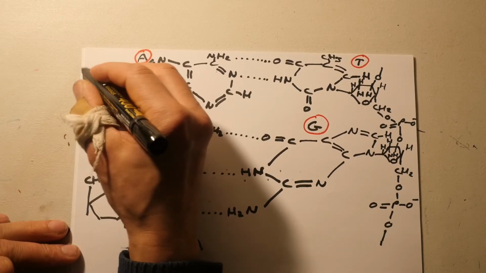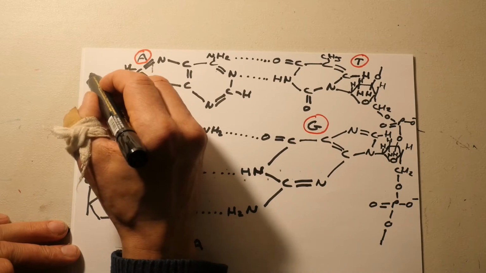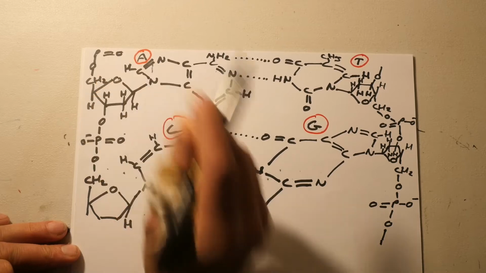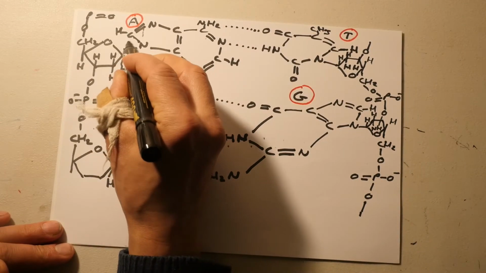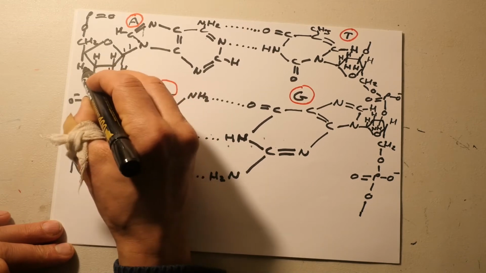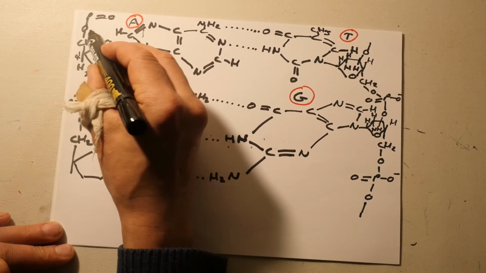I think it basically continues onwards. So that's 1 prime, 2 prime, 3 prime, 4 prime, 5 prime.